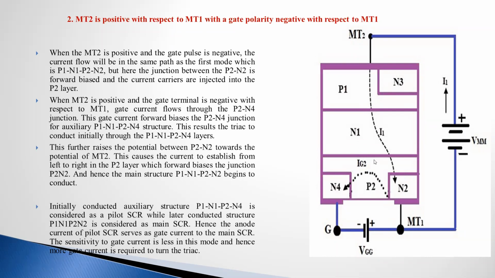When this depletion layer is totally finished, there is a path provided for flowing the current from the positive terminal of MT2, P1, N1, P2 and N2, and the negative terminal of the supply voltage across MT2 and MT1.